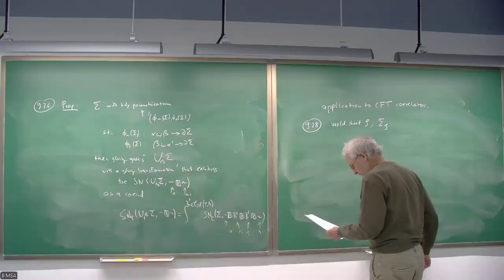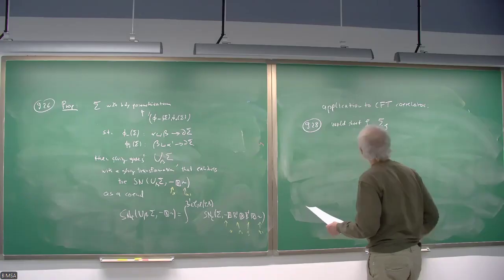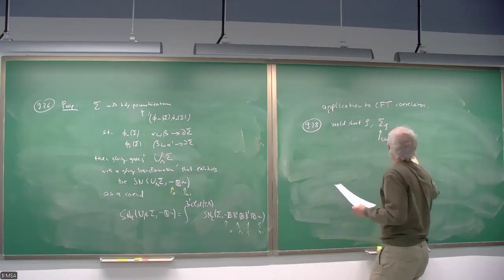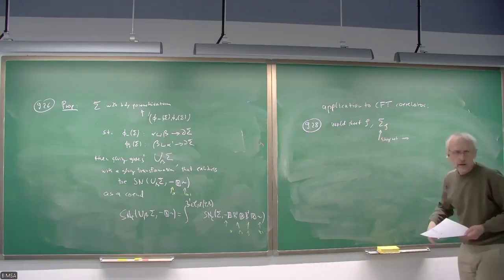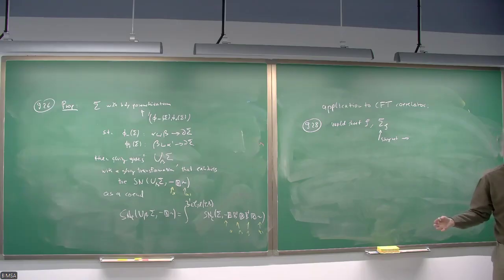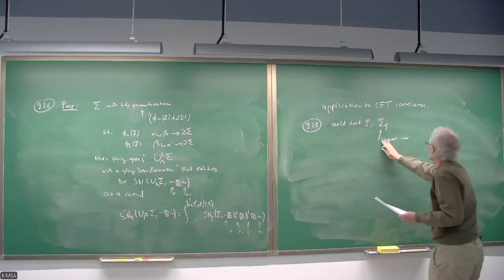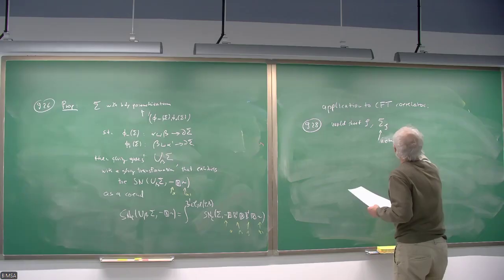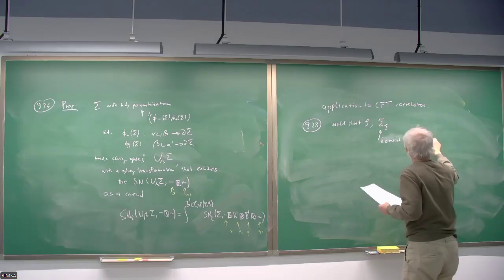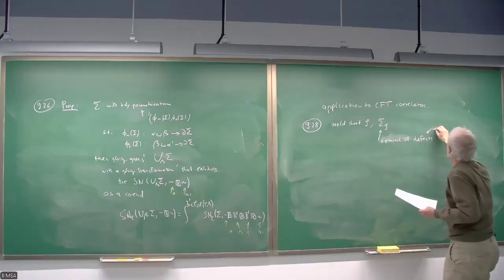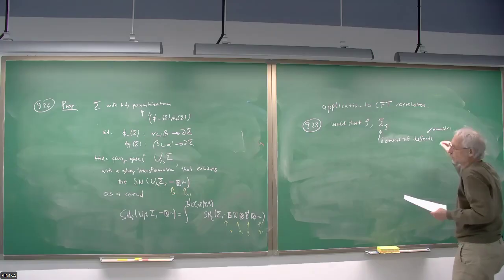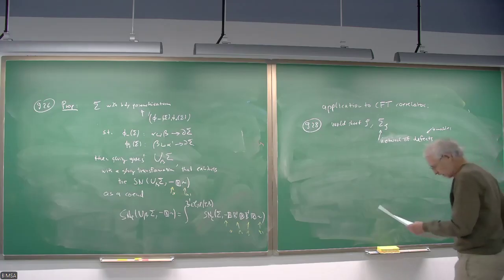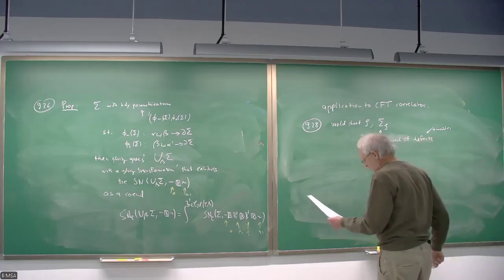Then if we have a string-net here, this corresponds to a network of defects in general, and remember that corresponds to bimodules with respect to the algebras that label the two-dimensional cells, the patches.